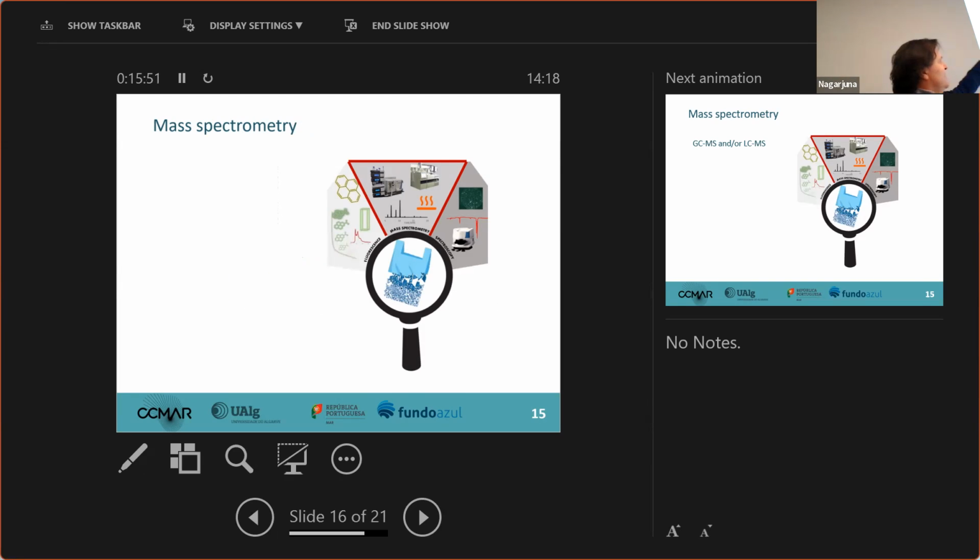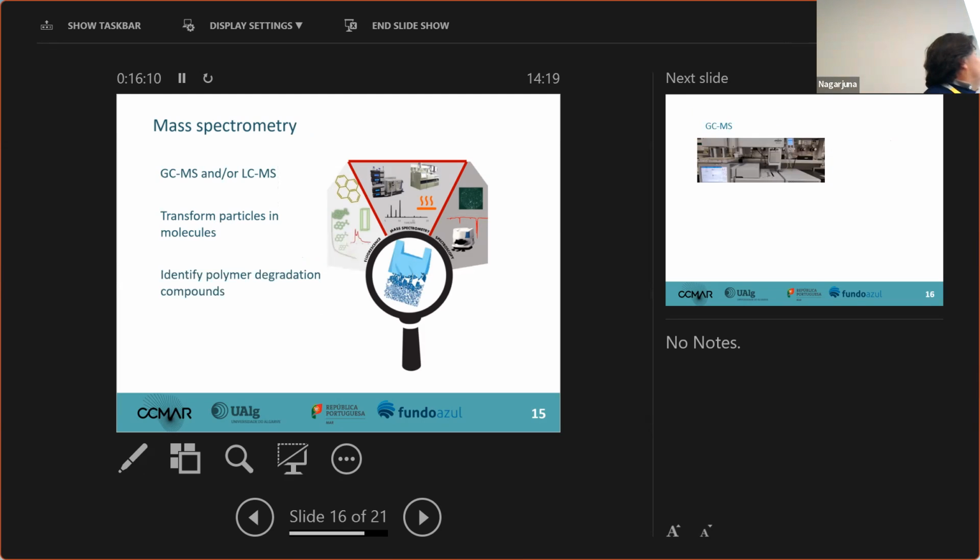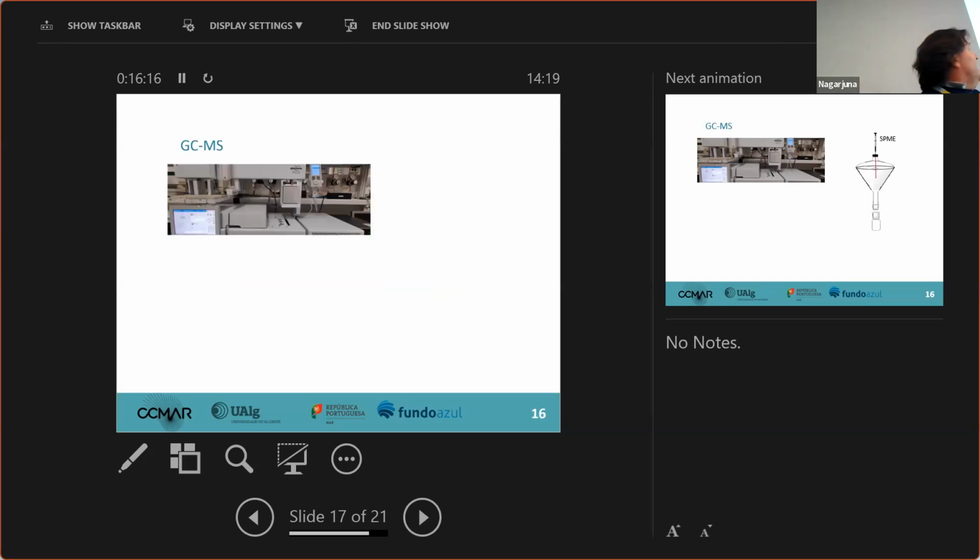Well, in mass spectrometry, you can use GCMS or LCMS. You have to transform your particles in molecules because you cannot analyze a particle using chromatography. You analyze molecules. Okay? So you have to make a reaction. And you have to identify the compounds that came out from your particles. So I will show now an example using GCMS.